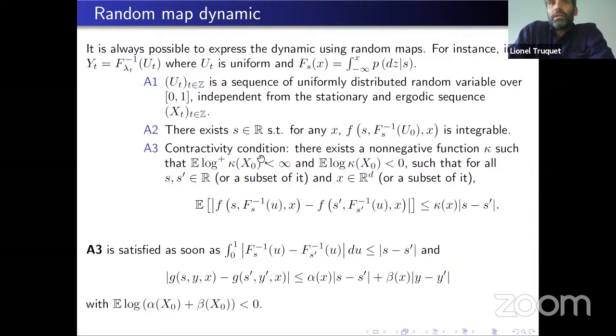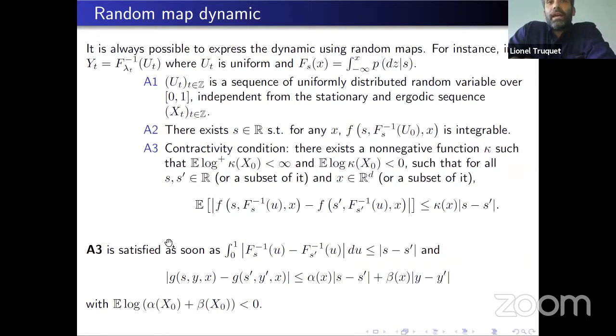As a condition, I put a quite weak condition, usually called the Lyapunov condition, saying that the expectation of the logarithm is negative. If kappa is deterministic, it means that kappa is strictly between 0 and 1. But when you have a random function, it does not mean that kappa is between 0 and 1. With positive probability, kappa can exceed 1, which is quite interesting in terms of generality.